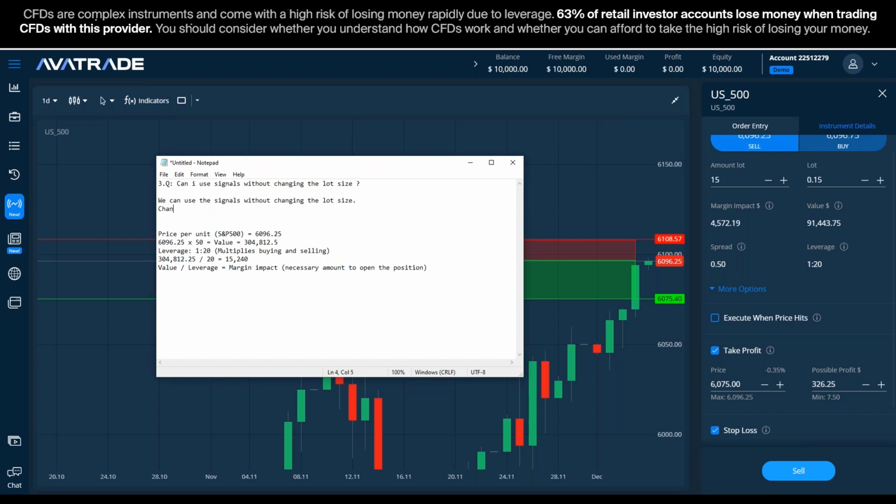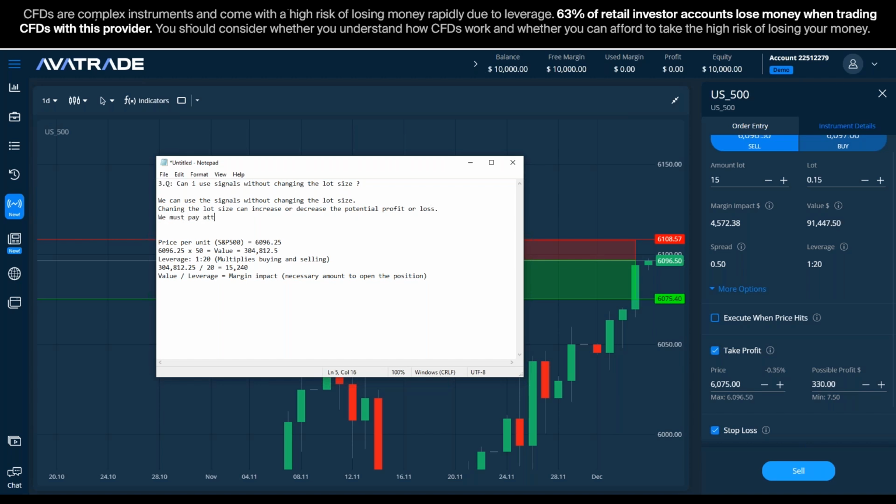Okay, changing the lot size can increase or decrease the potential profit or loss. We must pay attention to the margin impact while changing the lot size.